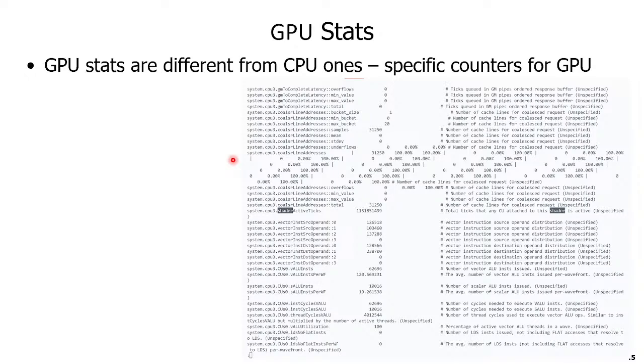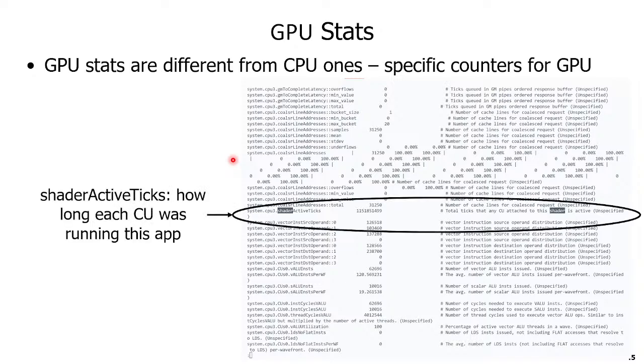But the most important one, as a few of you are asking about, is shader active ticks. Shader active ticks basically says the GPU shader, or the GPU compute unit, GPU SM, whatever your favorite analogy is for it, was actually running the program for this many ticks. You can see, I realize the writing is small here, but it says system.cpu3.